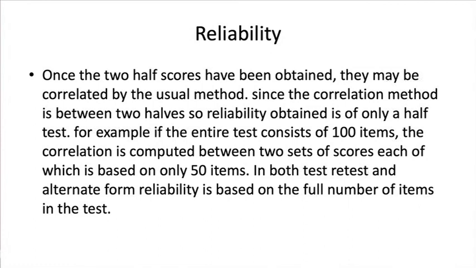In both test-retest reliability and alternate form reliability, the correlation is based on the full number of items in the test. Now, a very important point, which is usually asked in objective questions. When you are calculating the correlation in the test-retest or in the alternate form, the complete set of items in both the forms were there.